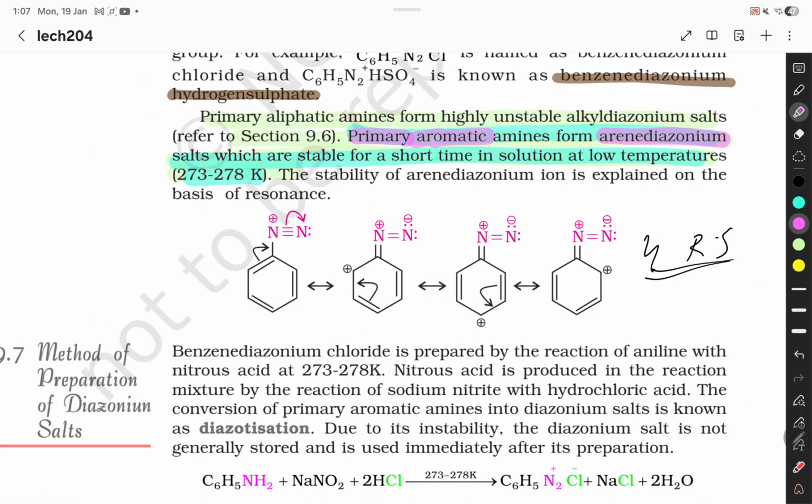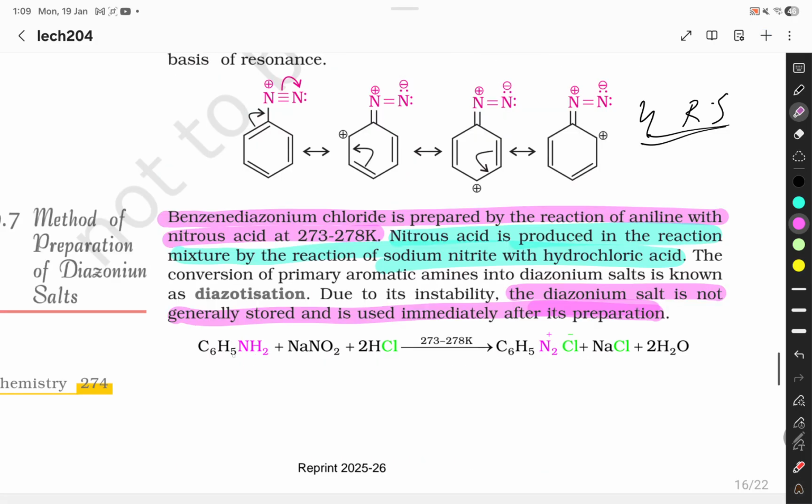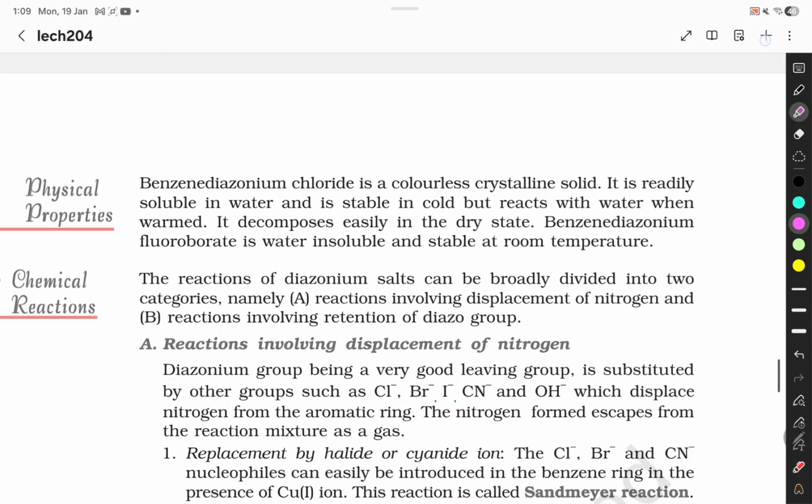Primary aromatic amines, whatever diazonium salts they form, are stable for a short time at low temperatures. And they've given the diazotization reaction, which is in situ preparation of HNO2 at 273 to 278 Kelvin, and formation of the diazonium salt. Now, physical properties is something that's crazy.